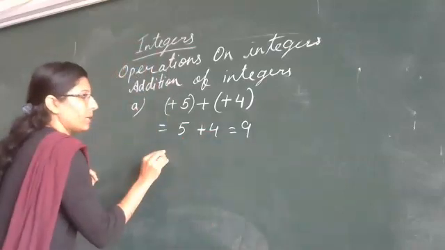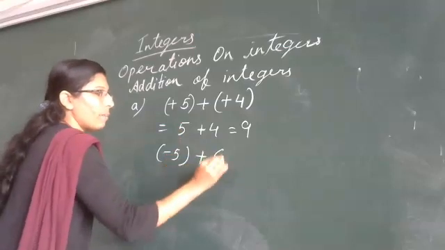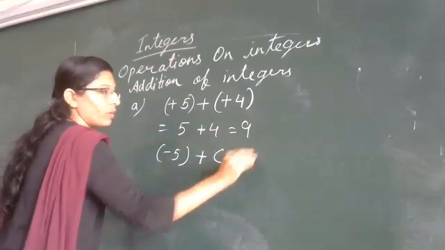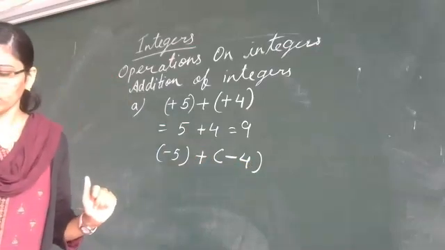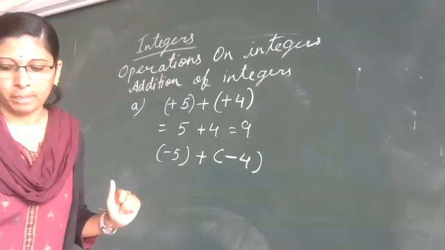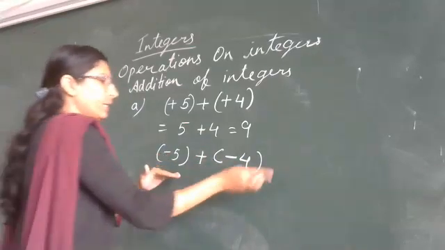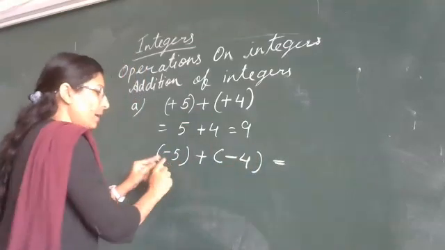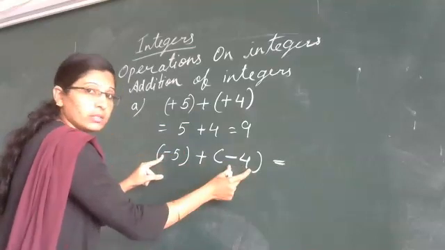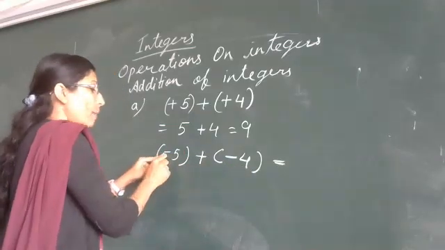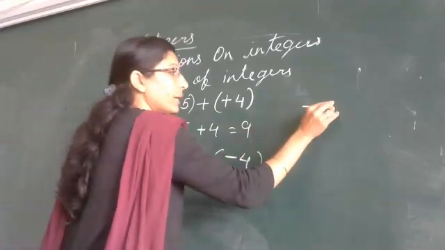Now if minus is there, in the same example, minus 5 plus minus 4, then what will happen? You tell me. Here both the numbers are minus.